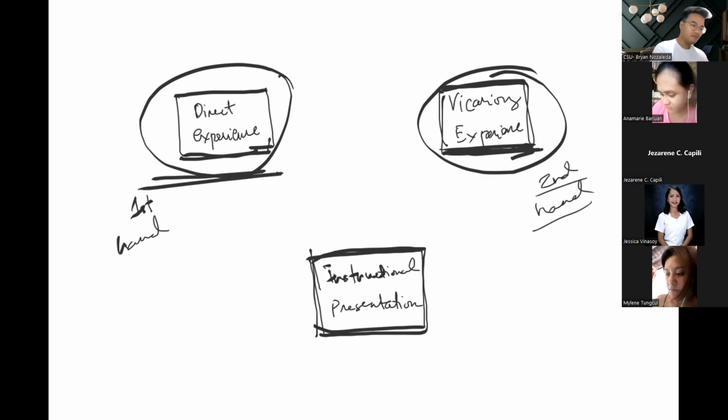But learning, many of what we know, what we have learned, are not through direct or vicarious experience, but most of them are through instructional presentation. So let's use the plancha example. Kung ikaw mismo yung namamalansya at nahawakan mo at napaso ka, the next time around, di mo na gagawin yun, that's direct experience. But when you watch someone na napaso, at di syempre di mo na gagawin yun, that's vicarious experience.